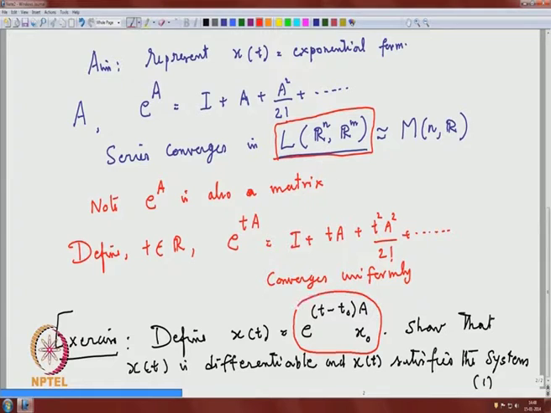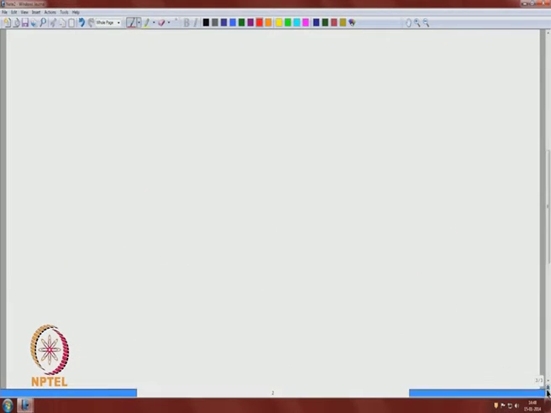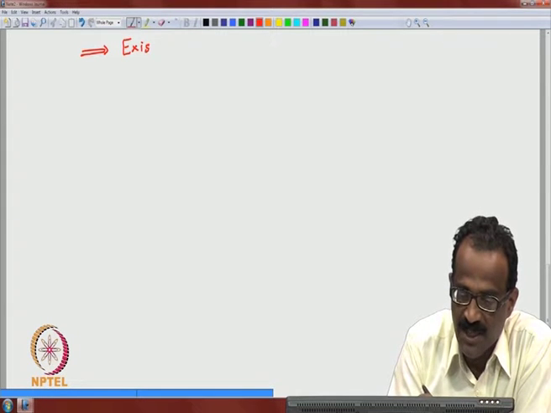So, x at t naught will be x naught. So, that way we have the existence. So, you have proved the existence directly by construction.